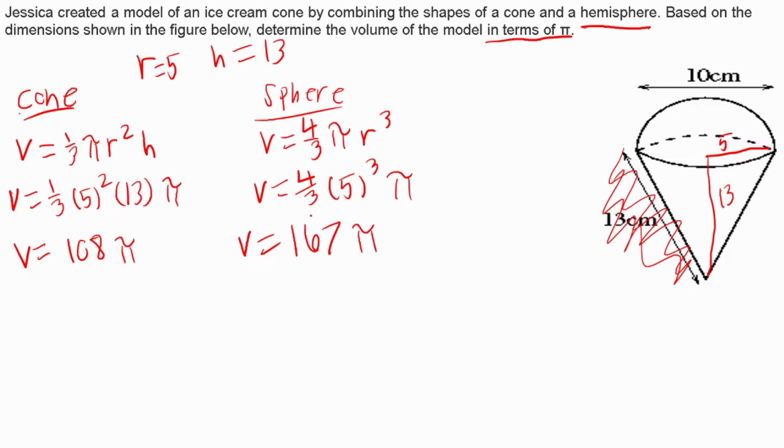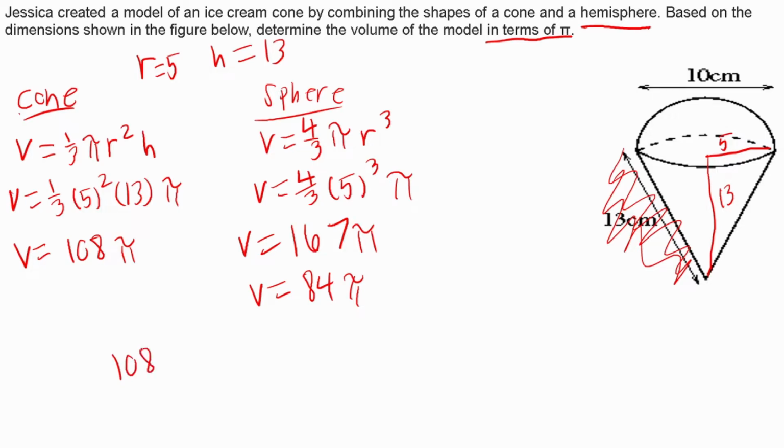Once again, we have to cut this in half. So actually, we could keep this rounded. When we cut this in half, it's going to give me 83.5, which we're going to make 84 pi.